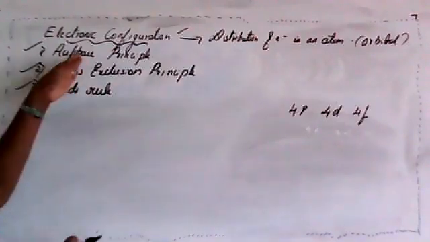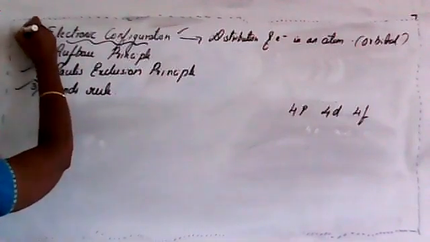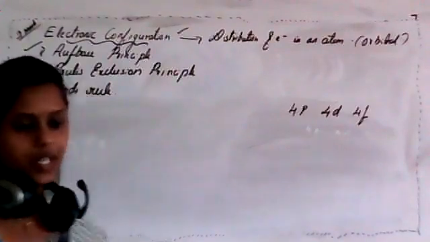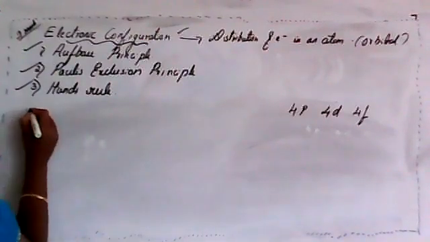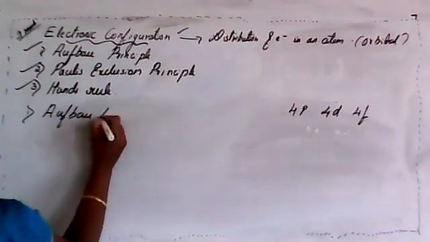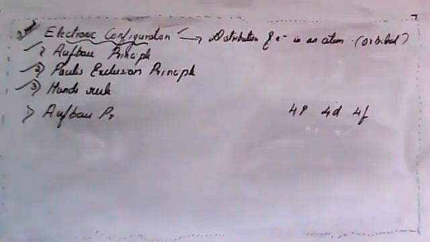These are again very important three rules. You'll get this for 1 mark, a clear definition or statement, in the final exam. The first one is the Aufbau principle, then Pauli's exclusion principle, and the last one is Hund's rule.